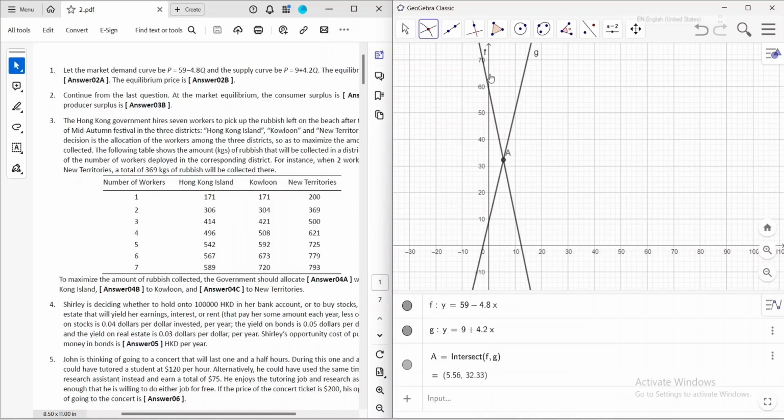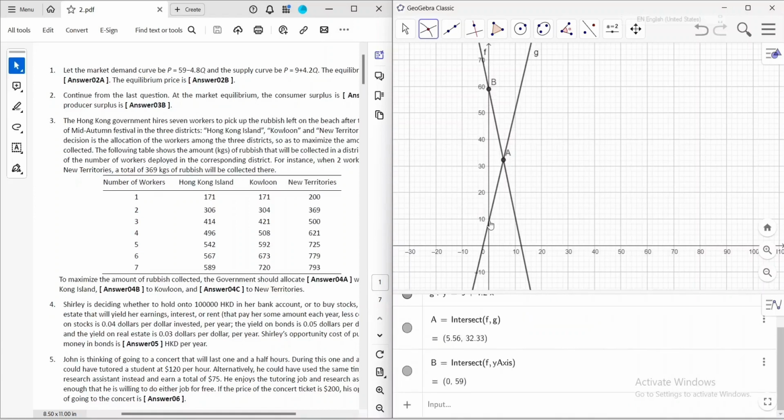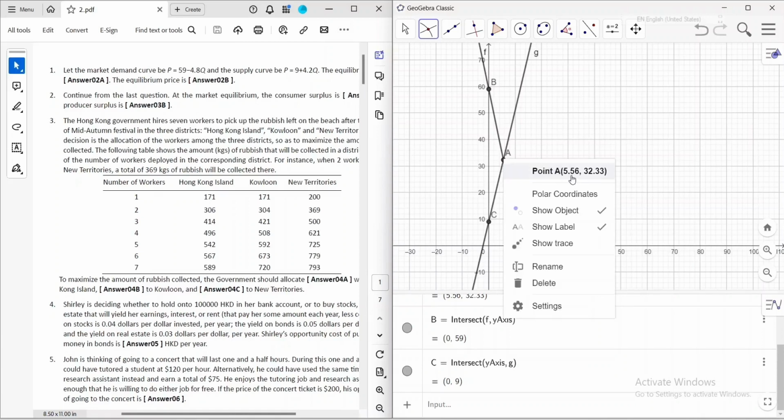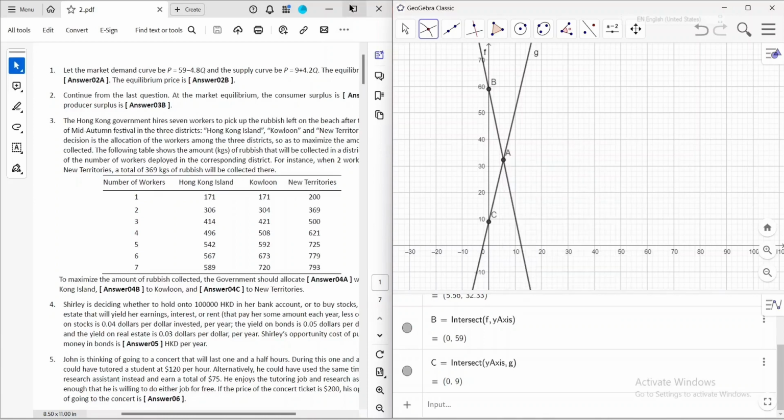Okay, this one, and let's find out this point as well. Okay, so the equilibrium price and quantity: price is 32.33 and the quantity is 5.56. Let's move on to the next question.